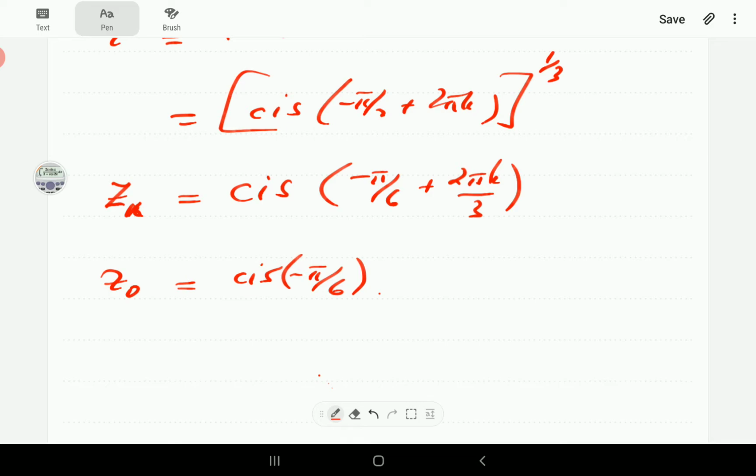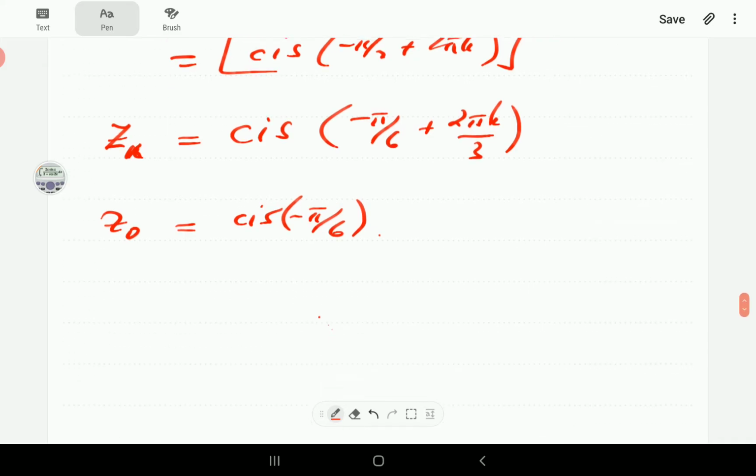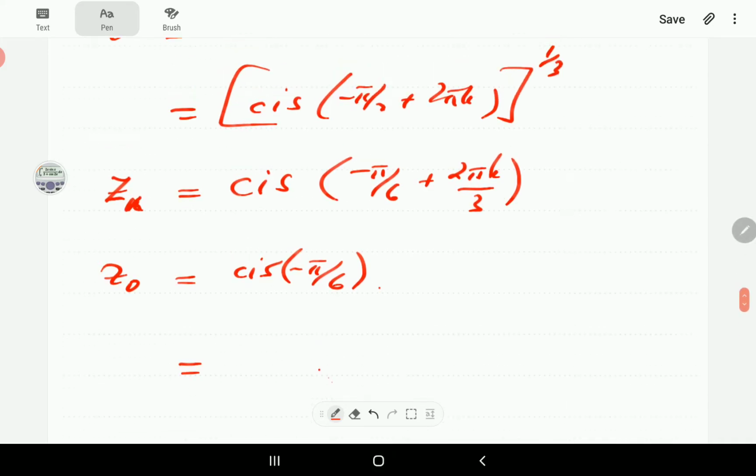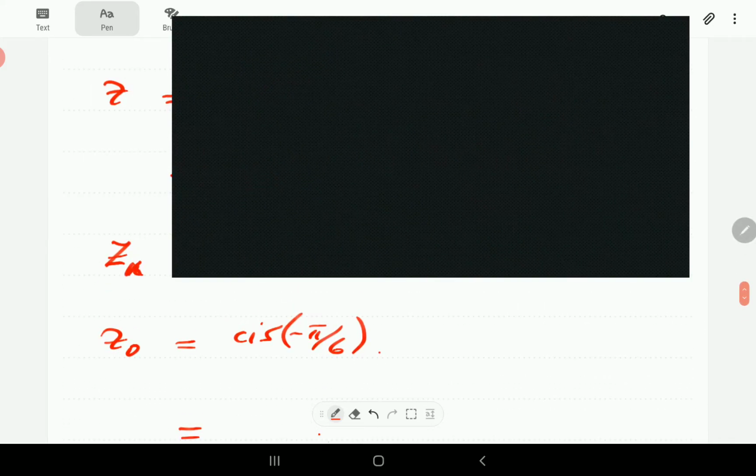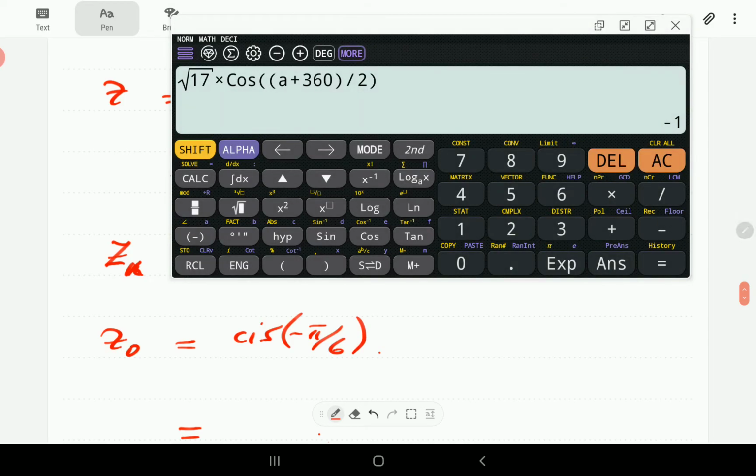So cis minus pi/6 is cosine minus pi/6 plus i sine minus pi/6, which we can punch in the calculator. Make sure that our calculator is in radians mode.